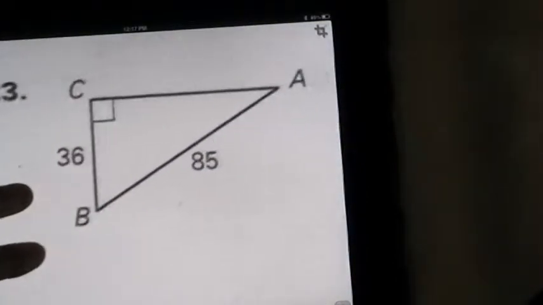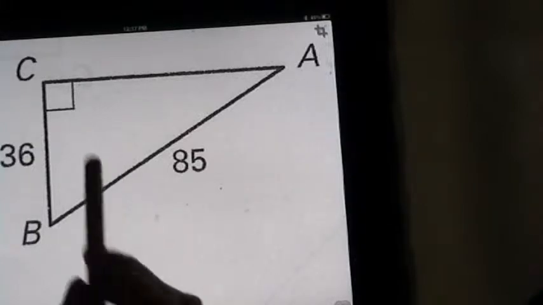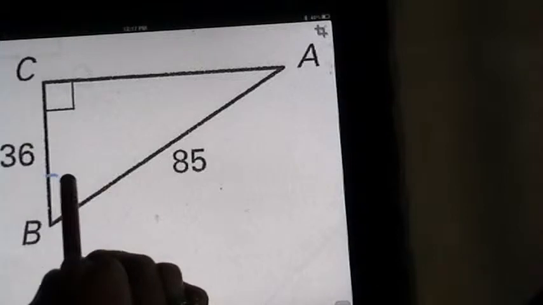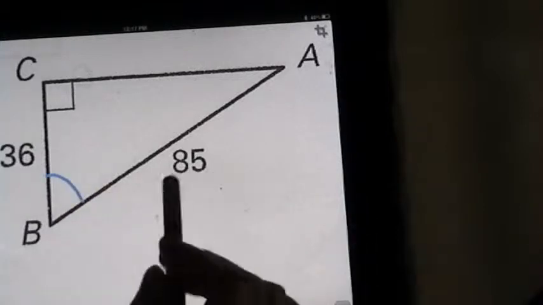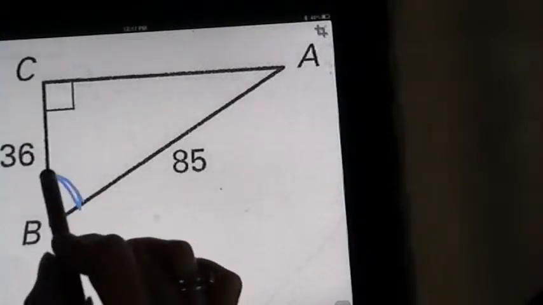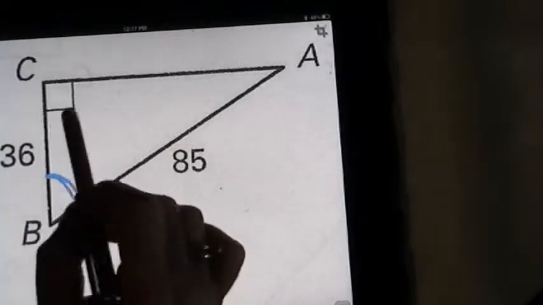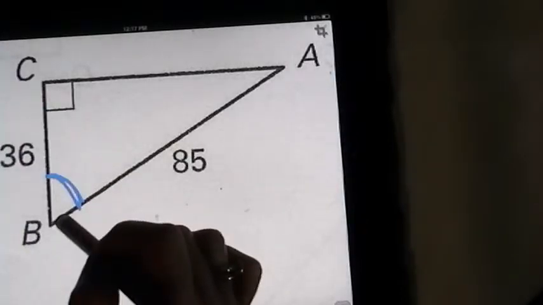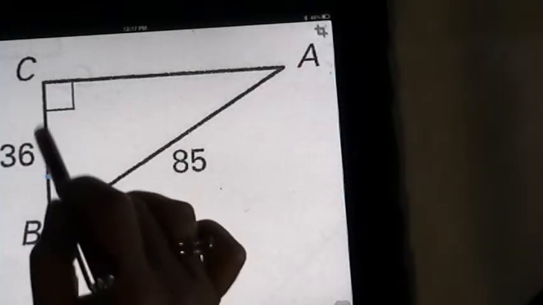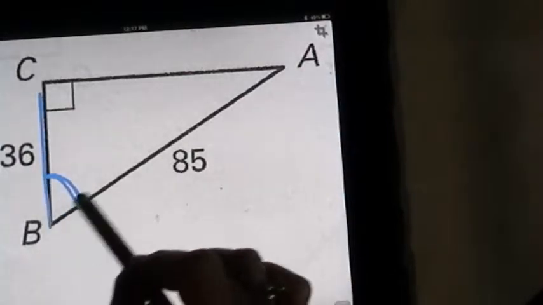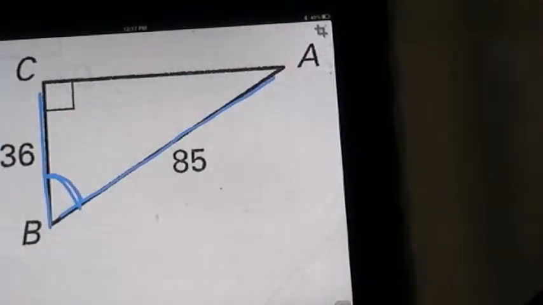Okay, let's do another one. Rather than find the third side, since all we're trying to find right now is the angles, let's just use the sides that we have and do equations that will help us to find the angles. Let's find the angle of B. Okay, the two sides that we have in relation to B are the adjacent side because it touches B, and the hypotenuse because it's across from the right angle.